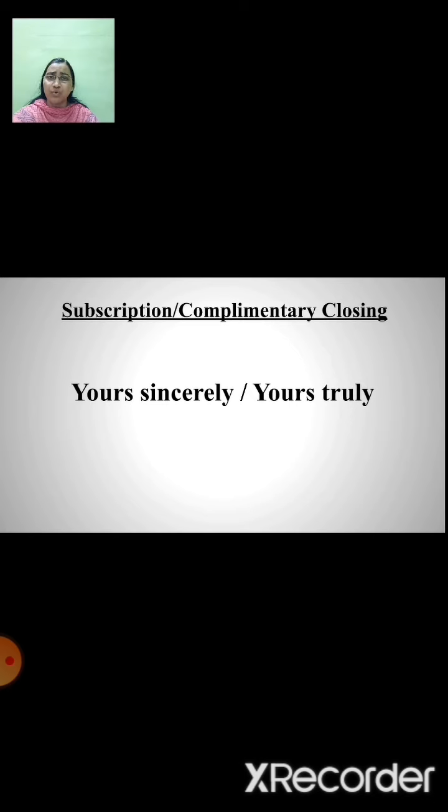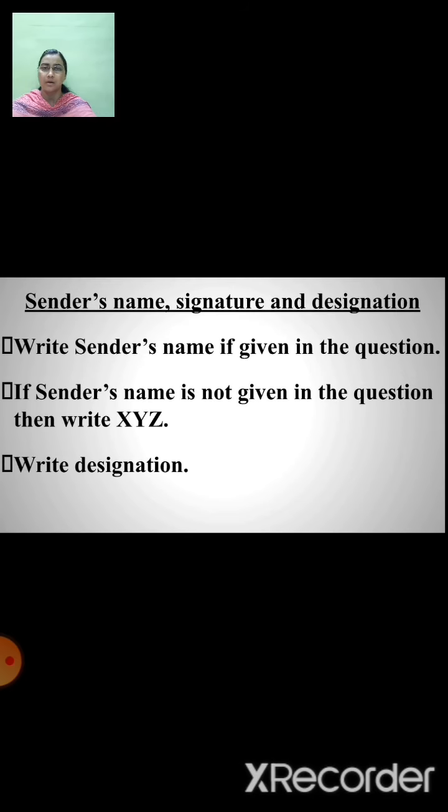Now let us move ahead and understand the next step. Now students, the next is sender's name, signature and designation. Write the sender's name if given in the question. If the sender's name is not mentioned in the question, then simply write XYZ.